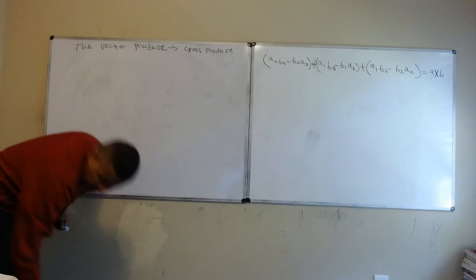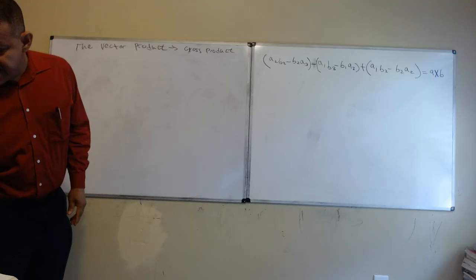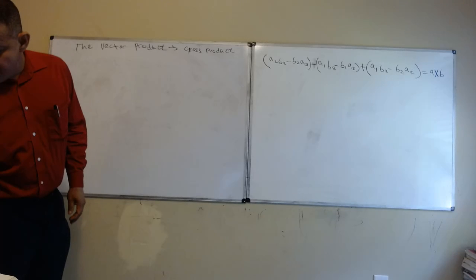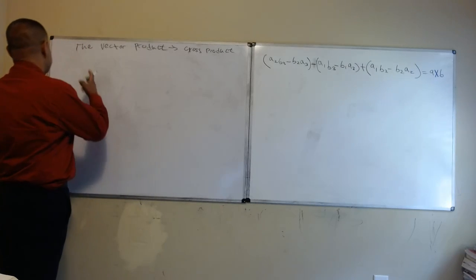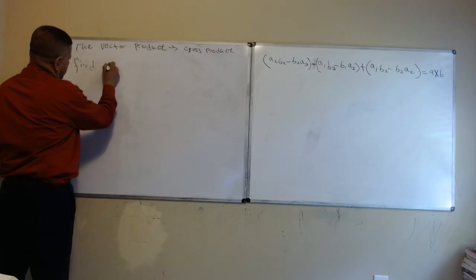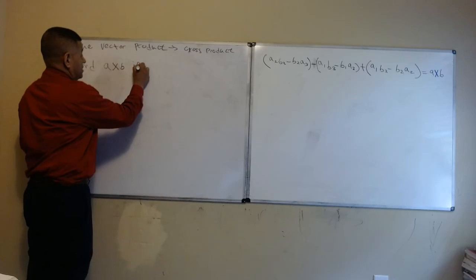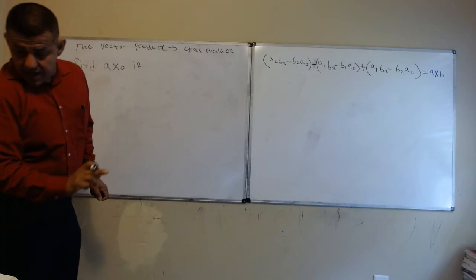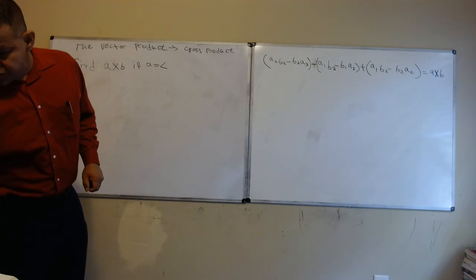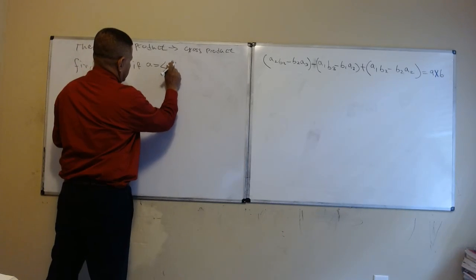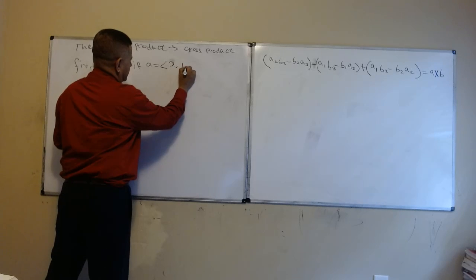Let's say, for example, that we have A cross B. It says find A cross B, if A is 2, comma, 1, comma, negative 1, comma 6.